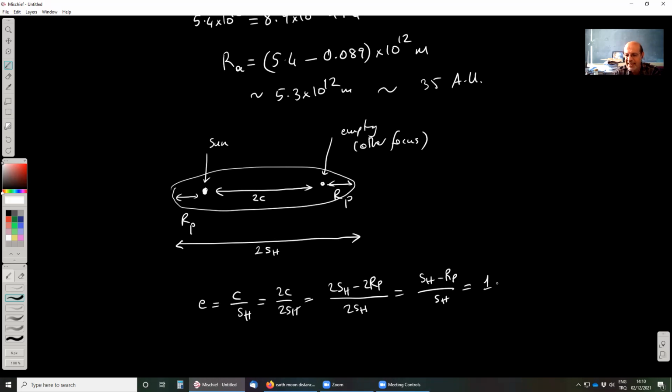So let me say that this is 1 minus the ratio of RP to SH. And let's just compute this. So that's 8.9 times 10 to the 10. SH was 2.7 times 10 to the 12. Yeah, let's just forget about the calculation because I have done this calculation before. So it's like 0.96. It's very close to 1.